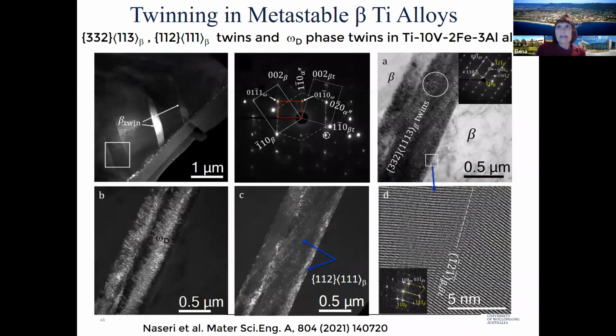Have a look in TEM. We will see that we have formation of twins. It's highlighted here. These are {332}<113> twins.